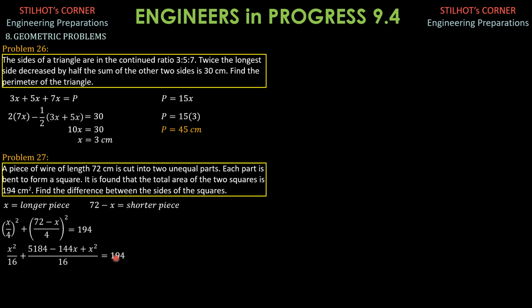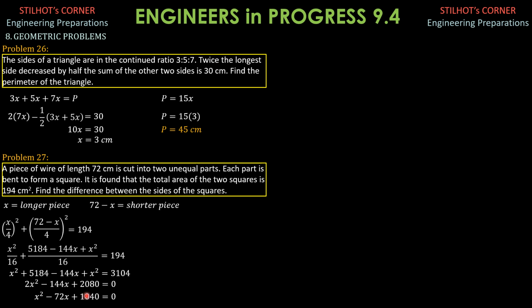Multiply everything by 16, so this is x squared plus 5184 minus 144x plus x squared equals 194 times 16, which is 3104. Simplifying, x squared plus x squared is 2x squared minus 144x, then 5184 minus 3104 is 2080, equals 0. Dividing everything by 2, x squared minus 72x plus 1040 equals 0.